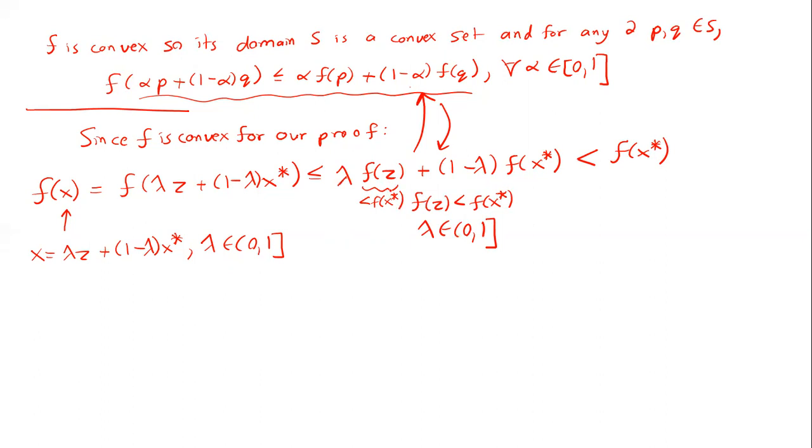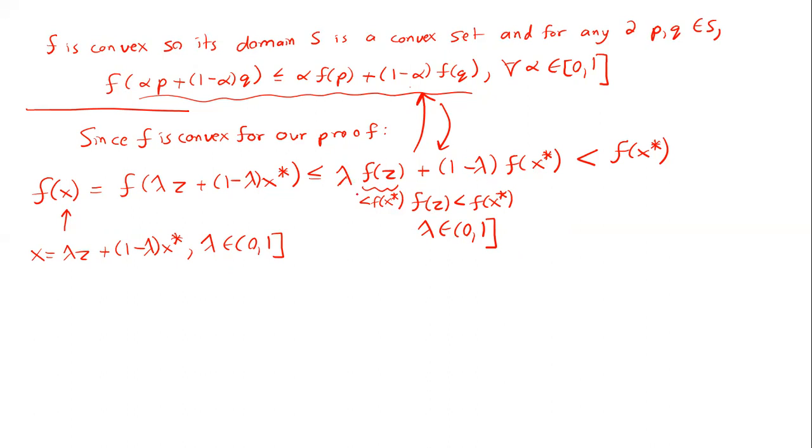Even if I was to have lambda be 1, for example, then this would get 0 contribution, and this would be the full contribution, and this is a number that's less than f of x star.